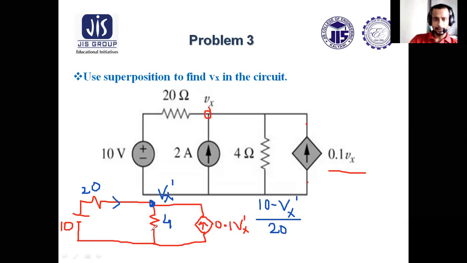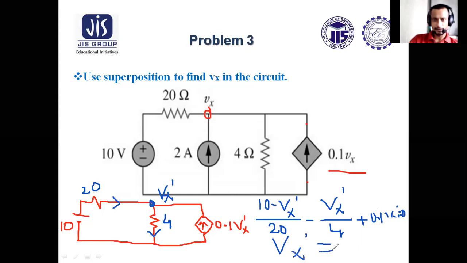This is incoming current, considered as positive. So outgoing current should be considered as negative: minus Vx dash by 4, as per nodal analysis, plus 0.1 Vx. Okay. So from this we can find Vx dash.